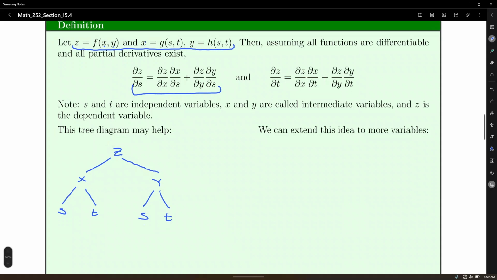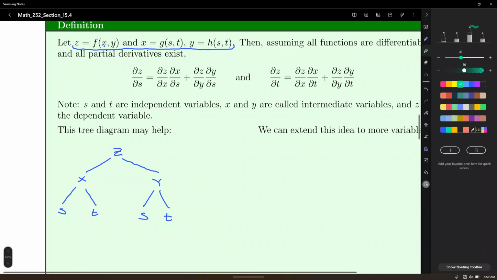Okay, so I'm going to use different colors for this. Let me box this with yellow. To go from z to s, I have to go from z to x, and then from x to s.